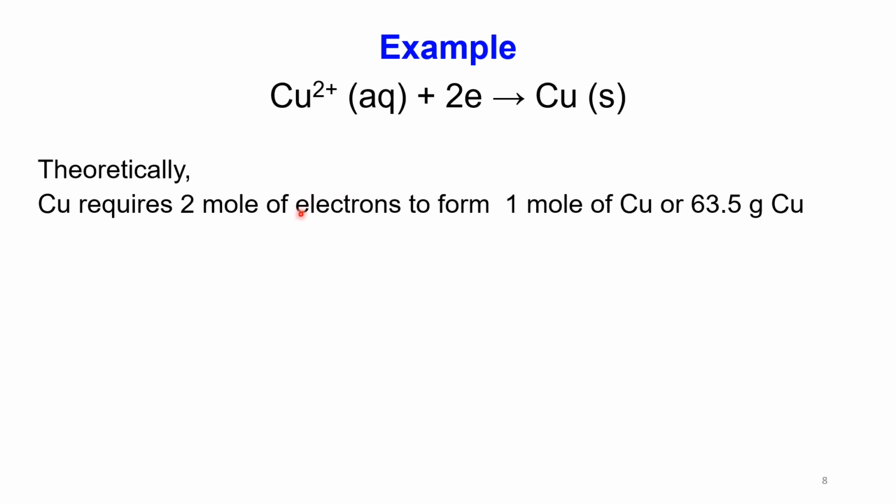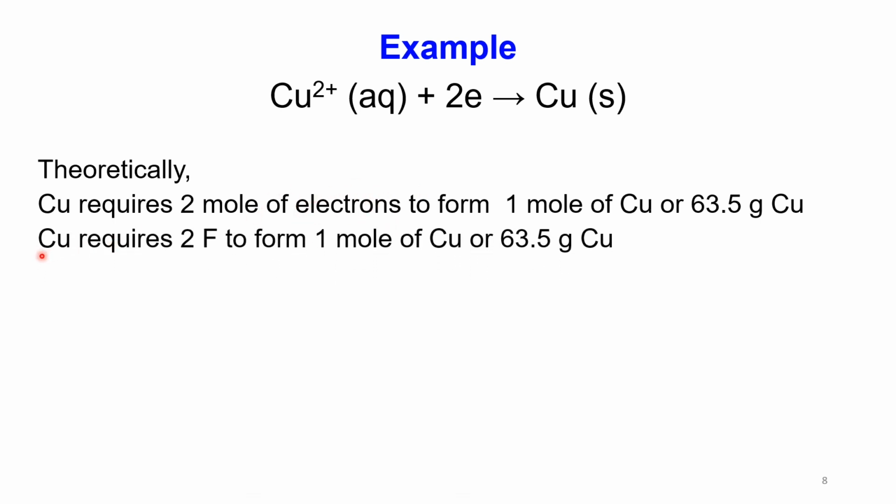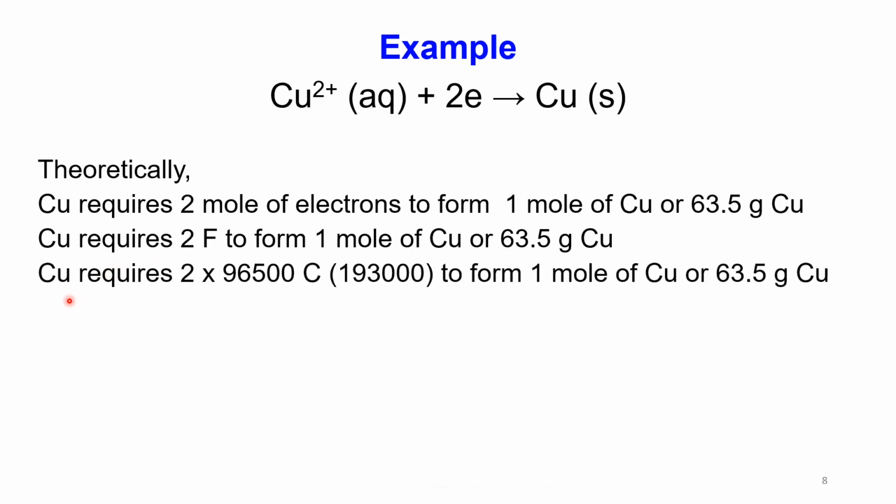If we convert electrons to Faraday, copper ion requires 2 Faraday to form 1 mole of copper. Then we multiply with the Faraday constant, so copper ion requires 2 times 96500 coulombs to form 1 mole of copper solid.